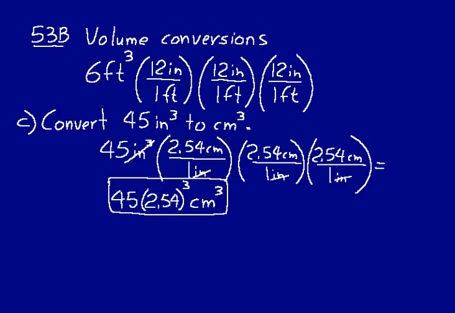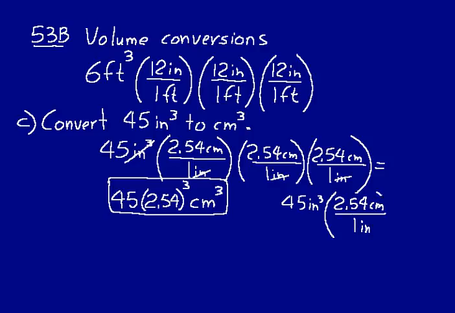Now, one thing you could do to simplify these problems so you don't have quite so much to write out is, let's just rewrite this one over here. You could say 45 inches cubed times 2.54 centimeters over 1 inch.